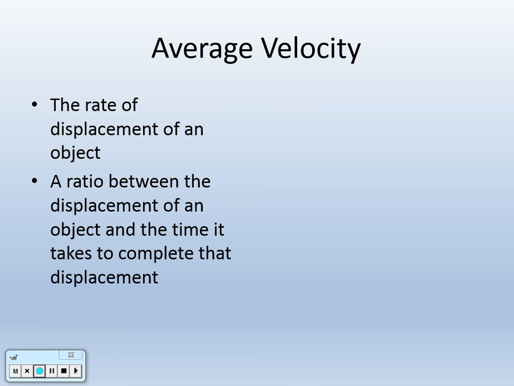All right, get those brains moving, okay? Mathematically, how do we represent ratios? Fractions. What's going on the bottom of this fraction? Time. Displacement on the top. What notation did we use to represent displacement yesterday?